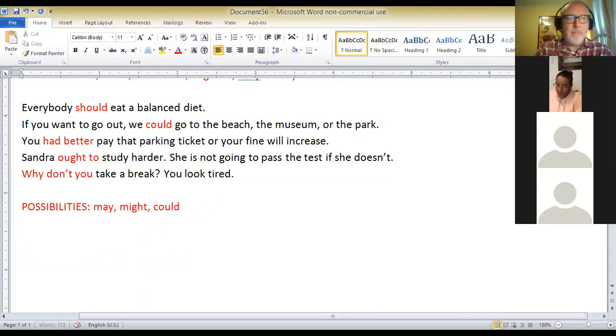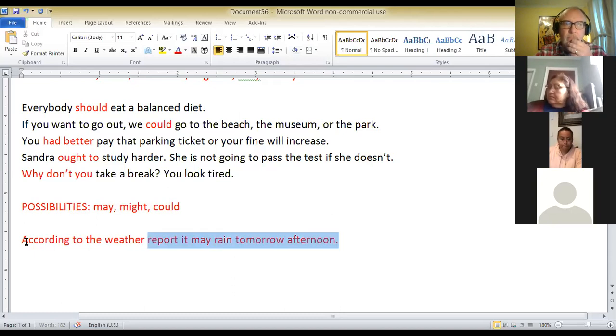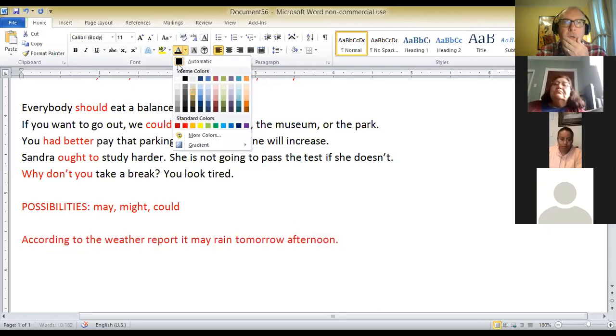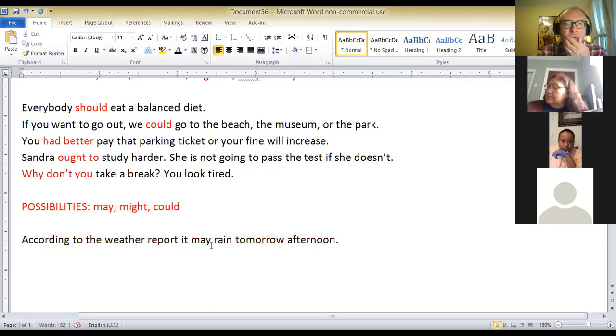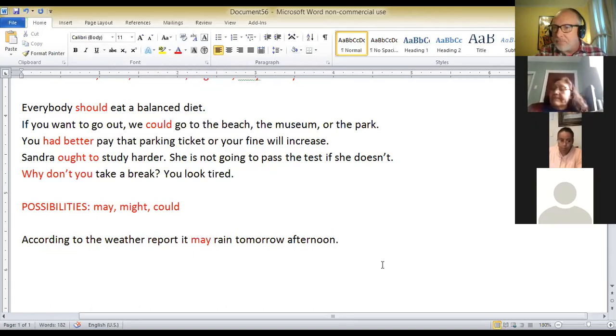So for example, according to the weather report, it may rain tomorrow afternoon. Possibly.